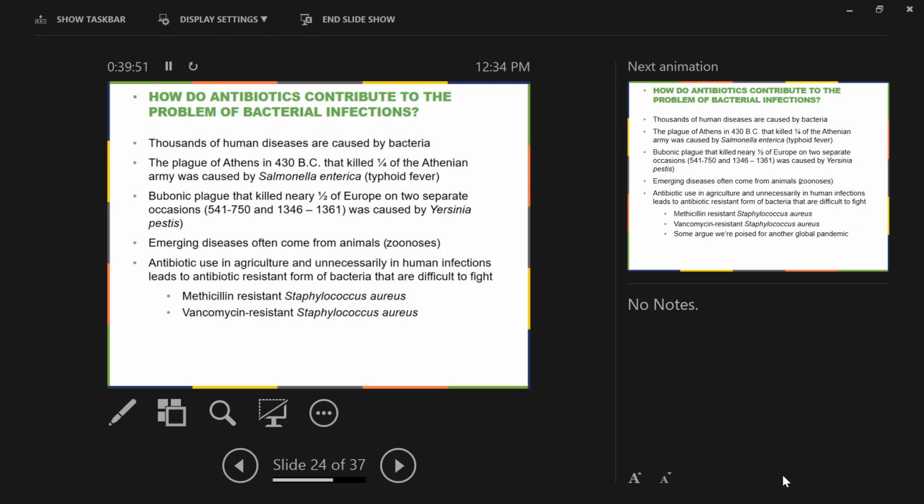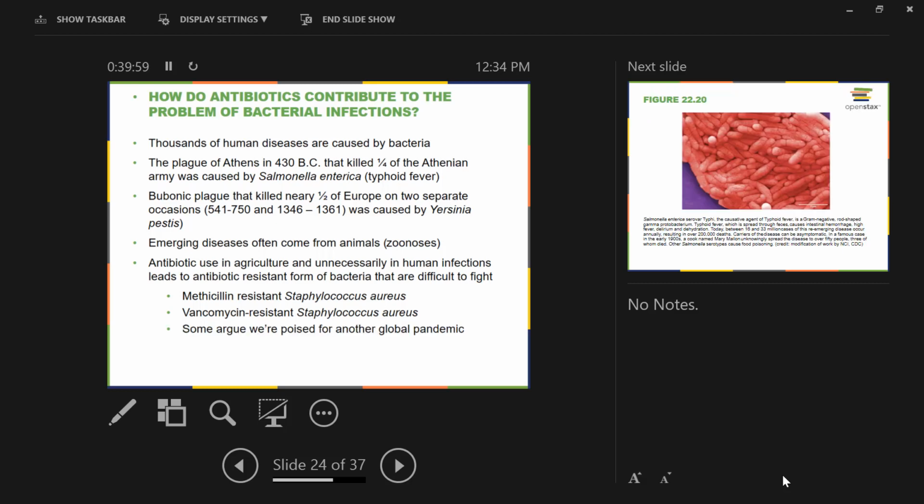I like that. And so because of this, and because of our inability to fight these antibiotic resistant forms, a number of microbiologists actually suggest that we are poised and ready for a global pandemic, for the spread of a massive antibiotic resistant strain of something that will just travel the globe.